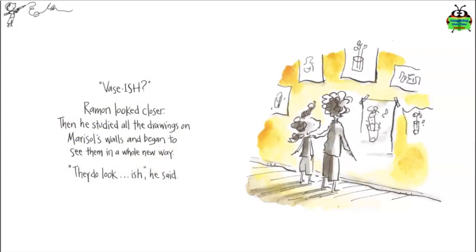"Well, it looks vase-ish," she exclaimed. "Vase-ish?" Ramon looked closer. Then he studied all the drawings on Marisol's walls and began to see them in a whole new way. "They do look ish," he said.